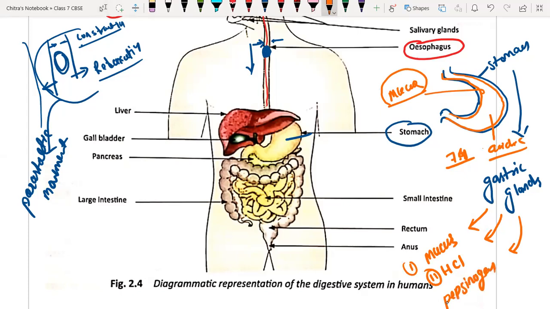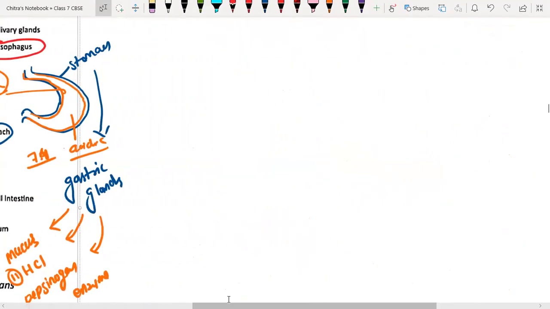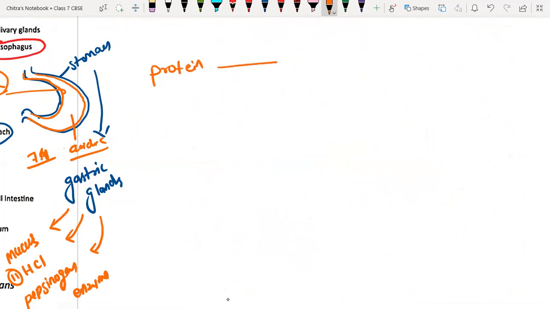Pepsinogen is a digestive enzyme. Let me show you that part over here. Wait a second. In the stomach we have protein in food. First we have pepsinogen, which is the inactive form of the enzyme.